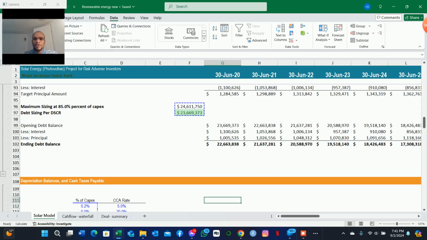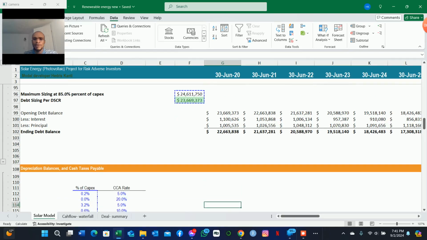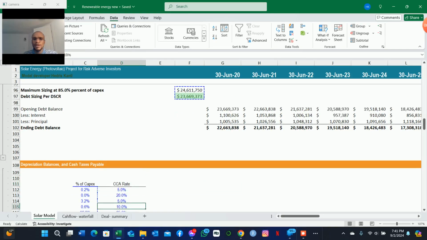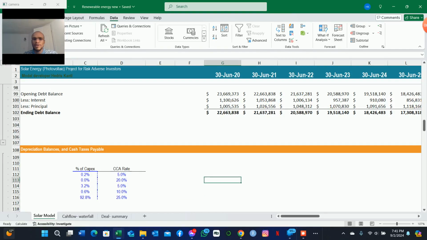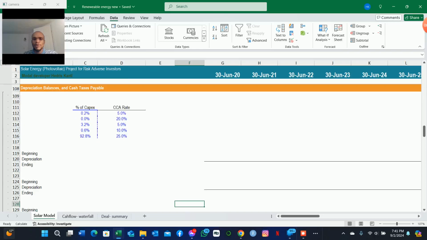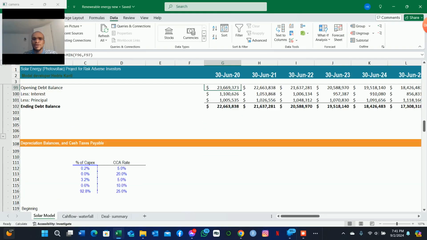So the next thing we want to do is focus on the depreciation balance and the cash taxes payable. We're going to be talking about a lot of things here going forward. The first thing we're going to talk about is what is CCA tax in Canada. We will explain that for a bit and then later talk about how this impacts taxable profit for corporations or projects.